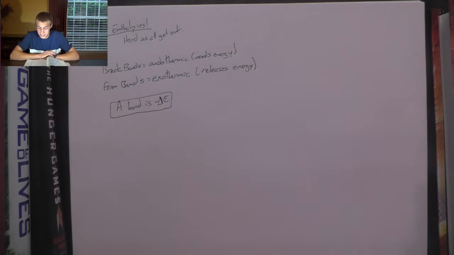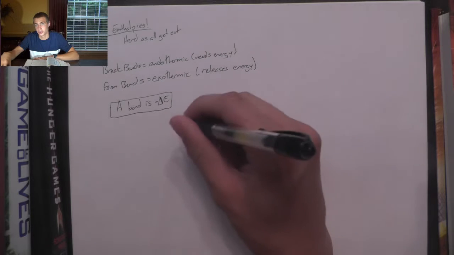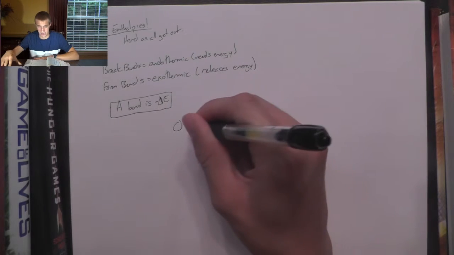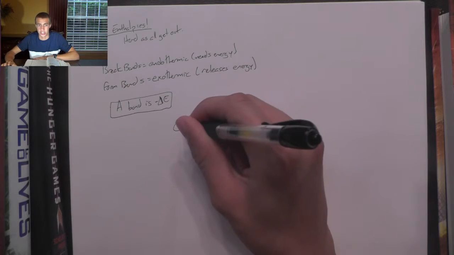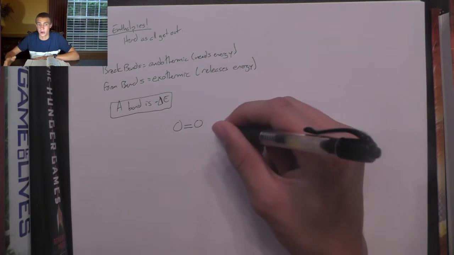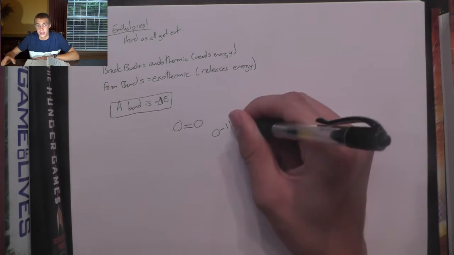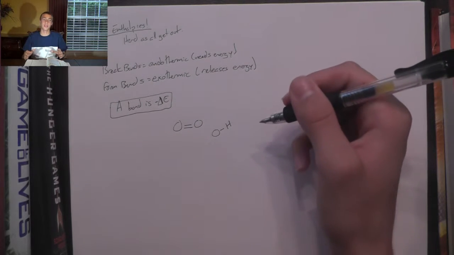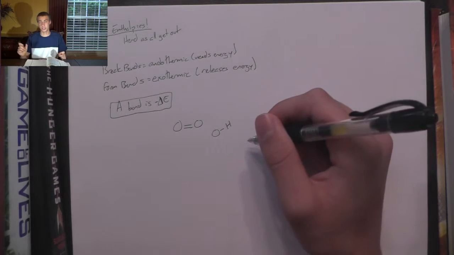But the idea behind this is that when you know average bond enthalpies, for example, a bond between two oxygen atoms, or oxygen and hydrogen, you can then figure out from adding all of your bond enthalpies together, the enthalpy of a particular molecule.